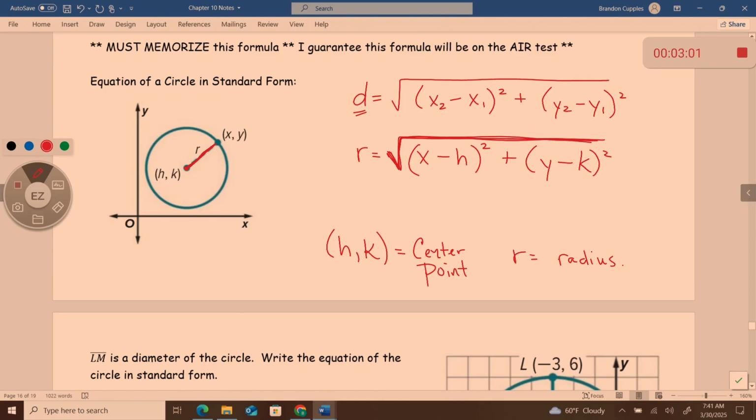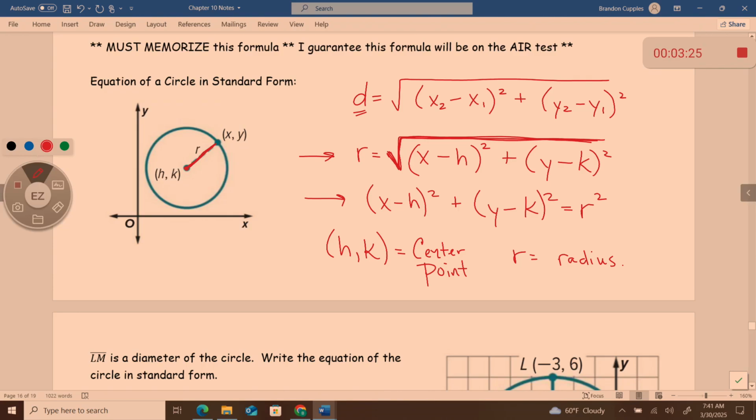So in squaring both sides, here's what the circle equation formula actually looks like. But I'm telling you right now, if you were to write it like this on the air test, they would accept it. But I want you to be thinking in this manner right here. That's complete to me. That is the circle formula.